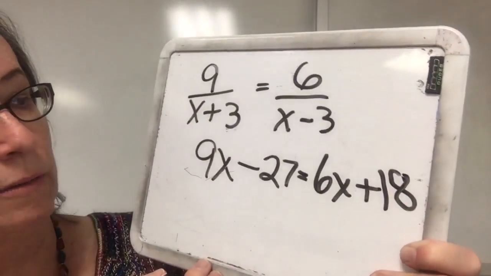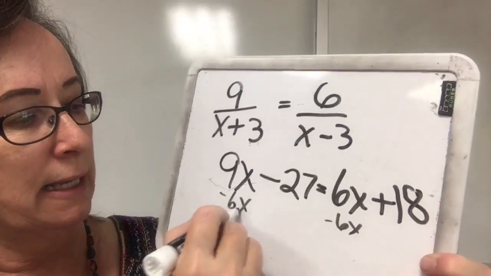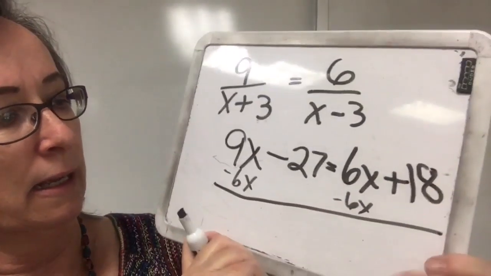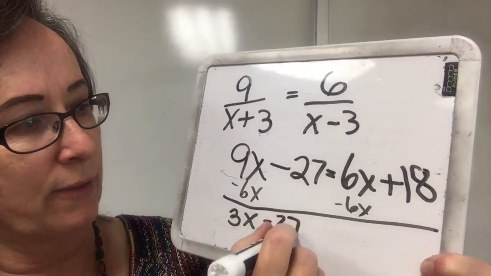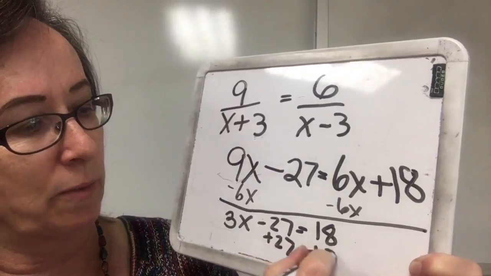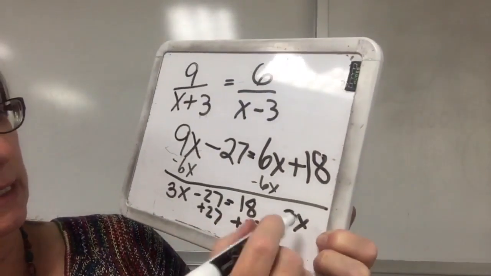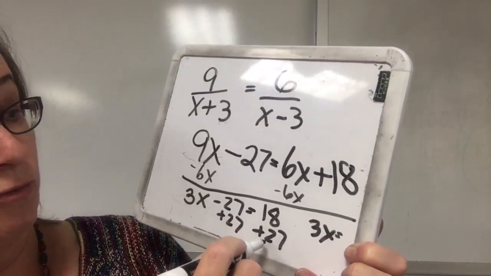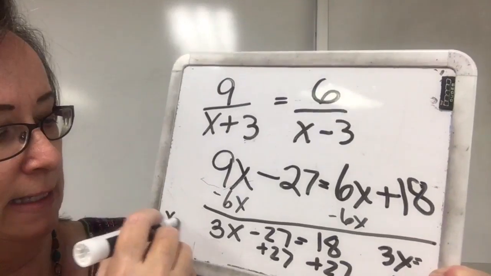To get all my x's on one side, we'll subtract the 6x from both sides, and then I get 3x minus 27 is 18. If I add the 27 to both sides, then I get 3x is 45, which means x is 15.